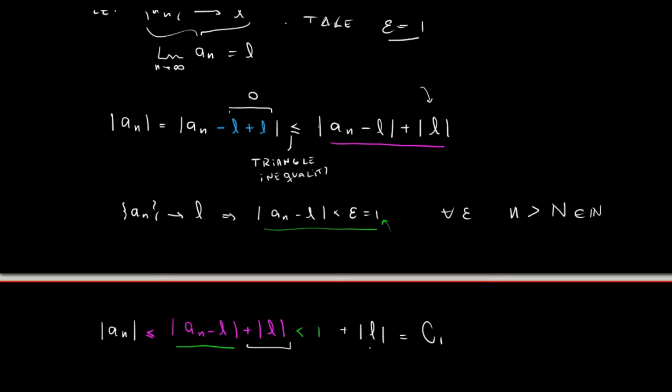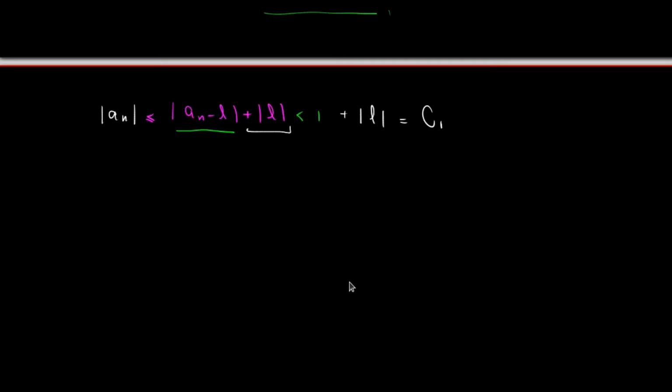C1 is the absolute value of our limit plus 1. And this is valid for every n that's greater than some capital N.